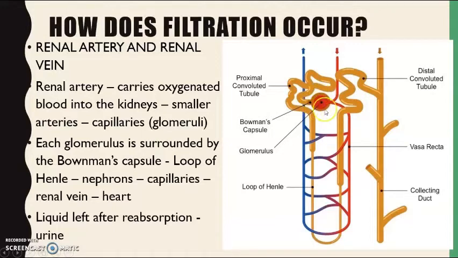So, each glomerulus, ito yon, is surrounded by the Bowman's capsule. So, ito yung Bowman's capsule. It is here where the urea, salts, water, glucose, and other materials pass from the blood through the loop of Henle. So, ang loop naman ng Henle ay ito. So, we have ascending and descending loop of Henle.